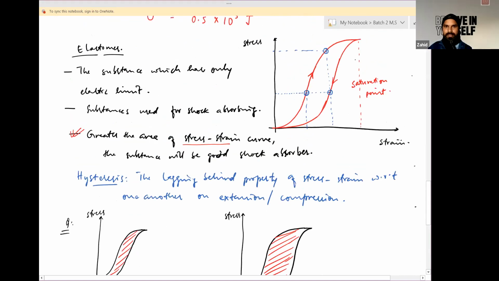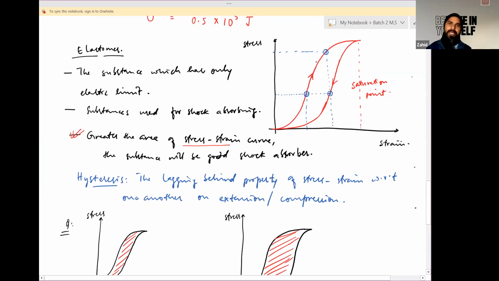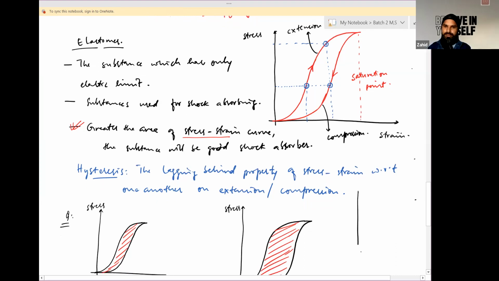Just see in this particular graph, let's say for extension, this is for extension, and this is for compression. Let me define you another curve. Suppose there will be a curve related to y and x as a straight line.